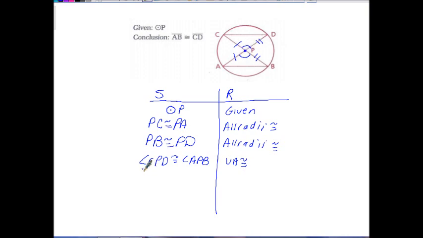I have enough to say that triangle CPD is congruent to triangle APB by side angle side. When I wrote out that congruency statement, I was very careful in how I ordered it. C was made up of an angle that had no tick mark and a 1 tick mark on it, just like angle A was.